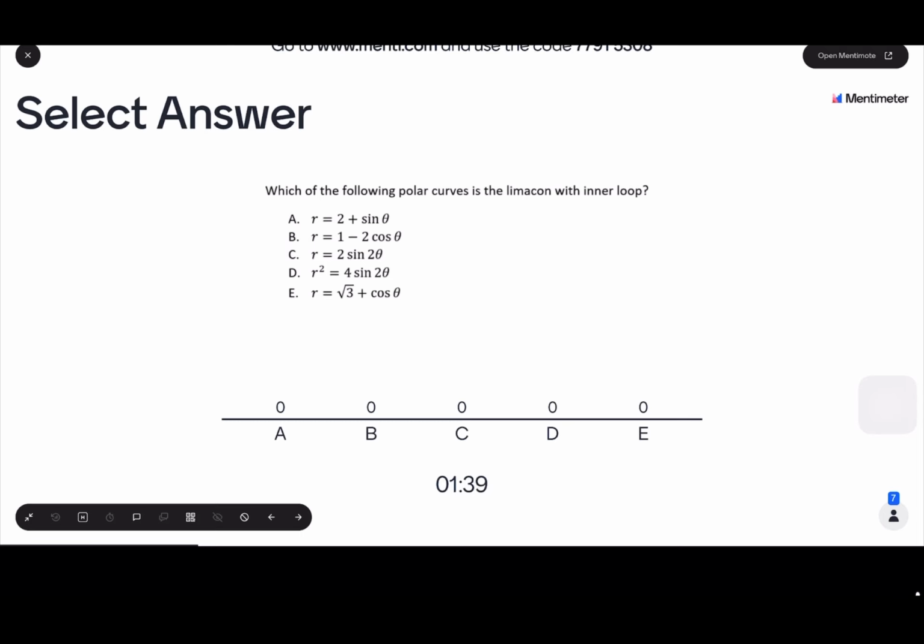Remember, the limaçon can have at least 4, or you can make it into 3 different shapes, or 4 if you want to make it complete. The first one is the limaçon with inner loop, the cardioid, the dimpled limaçon, and the convex limaçon. The difference is the ratio between a and b. What is a? a is a constant. b is a constant, but attached to the trigonometric function.